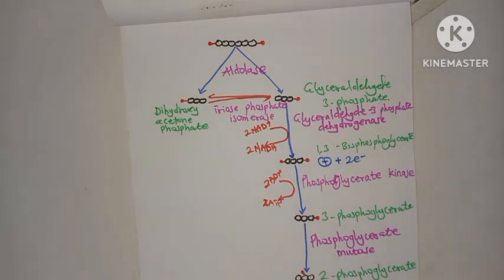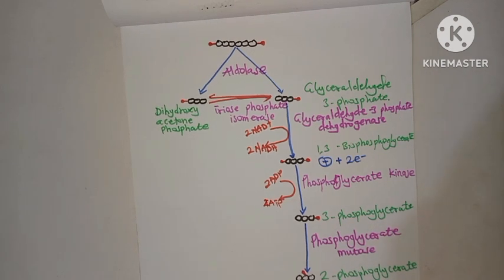And an enzyme known as enolase will come and convert 2-phosphoglycerate to a new molecule known as phosphoenolpyruvate. This one here is called phosphoenolpyruvate.